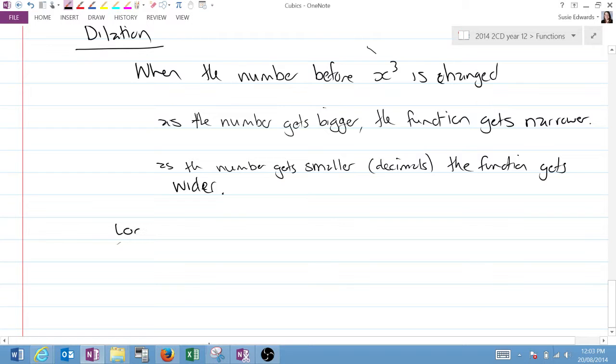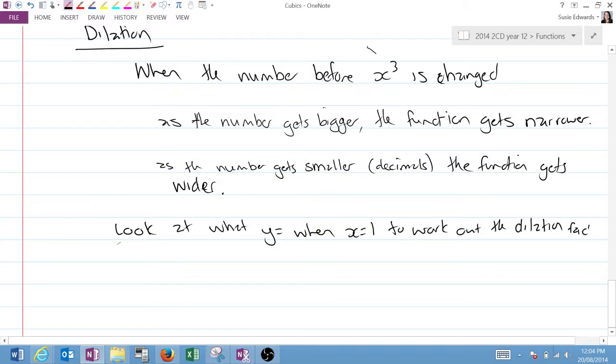Look at what y equals when x equals 1 to work out the dilation factor. Now, dilation factor means the number before x cubed.